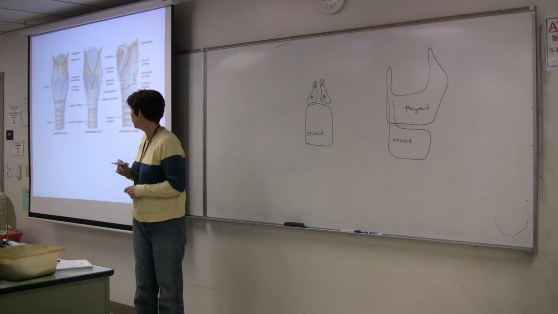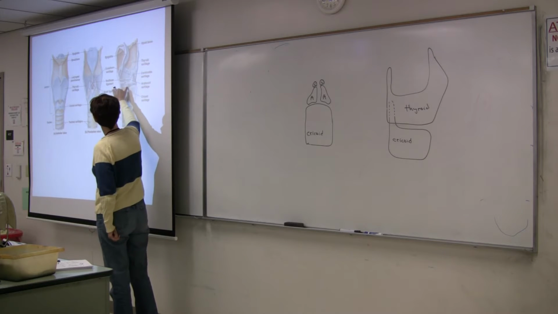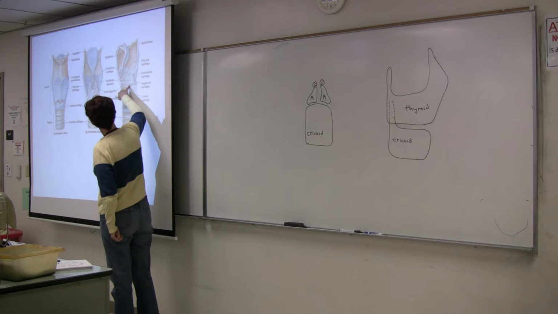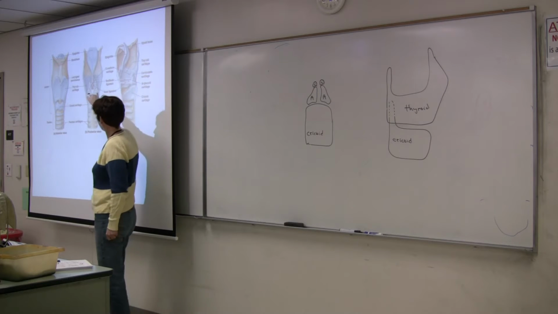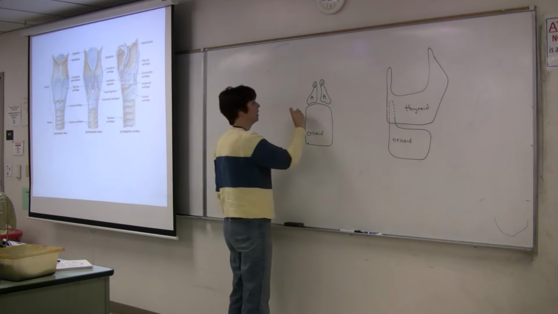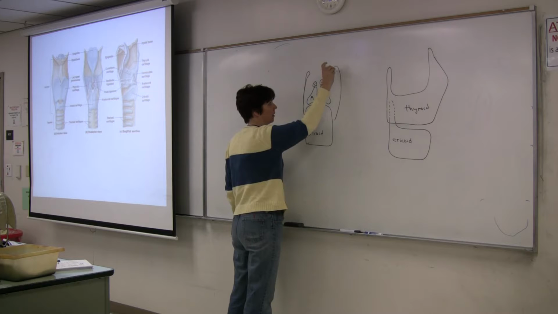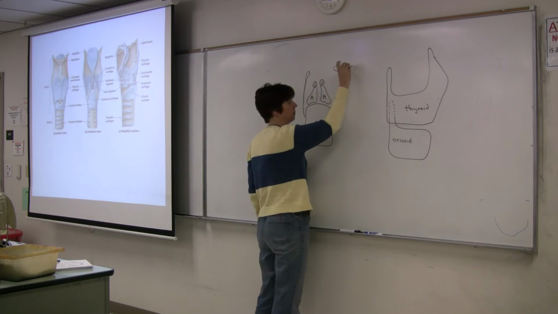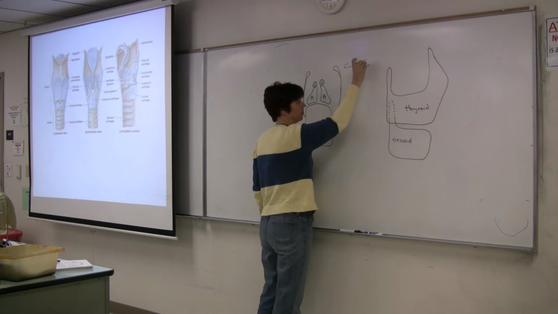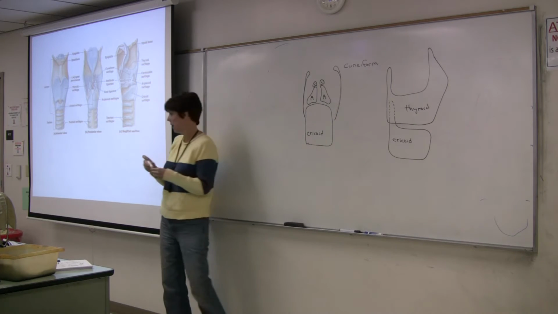And then the hardest ones to see, we never have them in any of our models, come from the side of the thyroid up onto this long filament-like structure. And those would be the cuneiform. Okay, and then we have the thyroid in front of that.